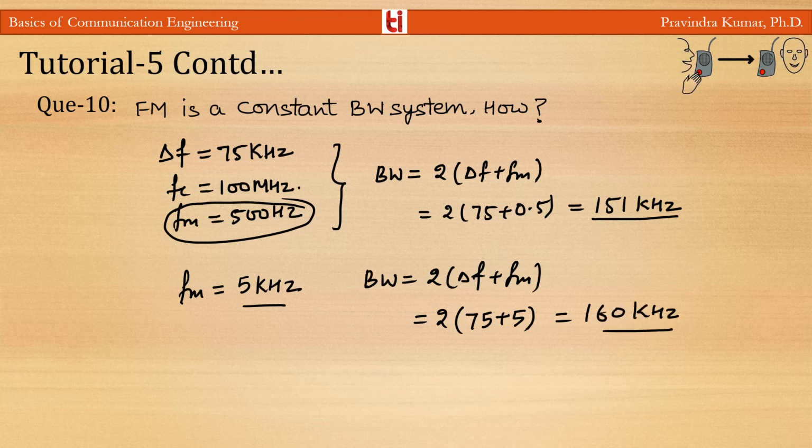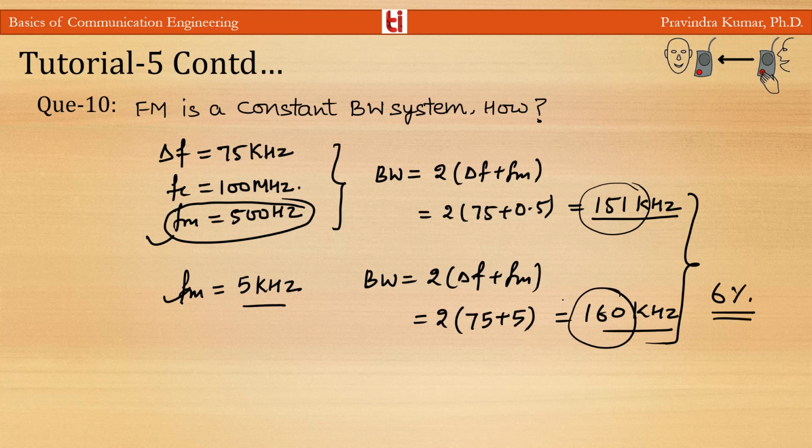So comparing these two, we can find that corresponding to a 10 times increase in the modulating frequency, the bandwidth changes from 151 kilohertz to 160 kilohertz, only about 6% change. That's why FM is known as a constant bandwidth system.